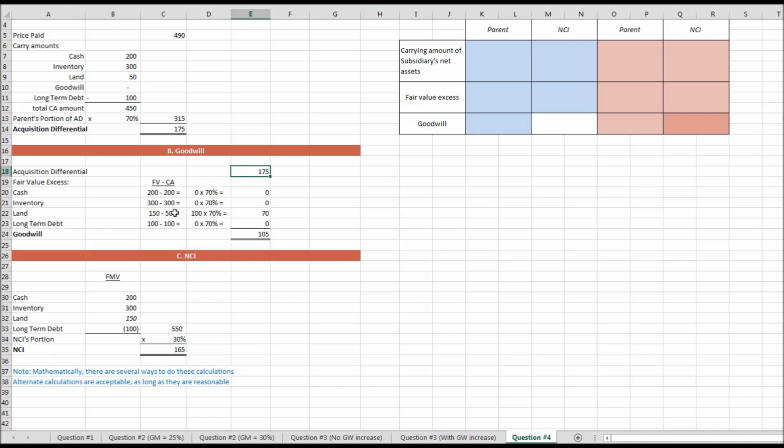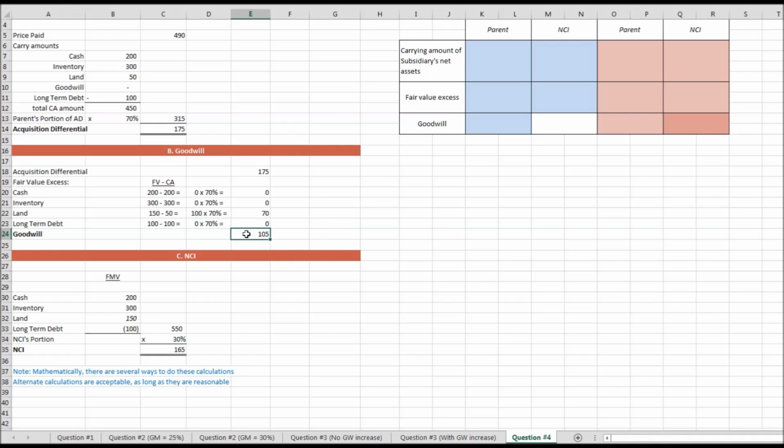So subtract that 50 carrying amount from the fair market value and it gives us a fair value excess of 100, and we multiply that by the parent's portion right here. So the fair value excess that we're finding is the parent's portion. And then we get goodwill by subtracting that from what we calculated over here, giving us this amount.